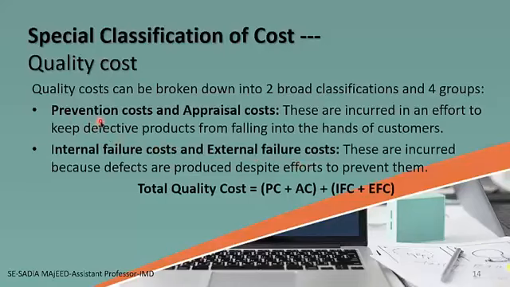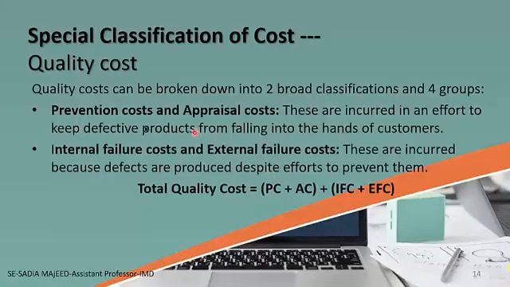Prevention cost means preventive actions we take to produce non-defective products. Appraisal cost means we make inspections to produce non-defective products. If we do all the inspections and we take all the preventive actions, there is no possibility of internal failure and external failure.